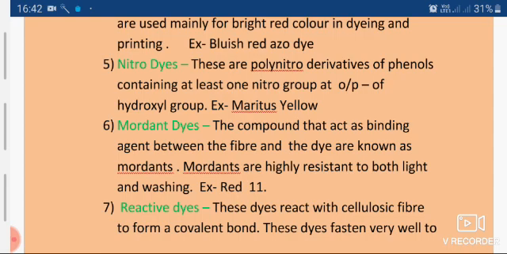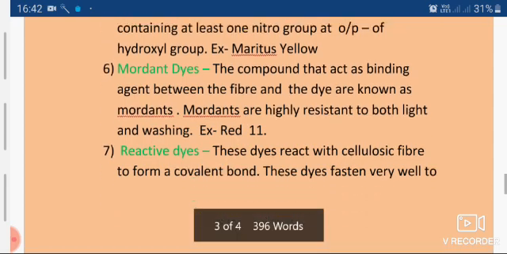These mordants act as a bridge, or the connecting material, between the fiber and dye. These are resistant to light and wash, and the example is red 11.